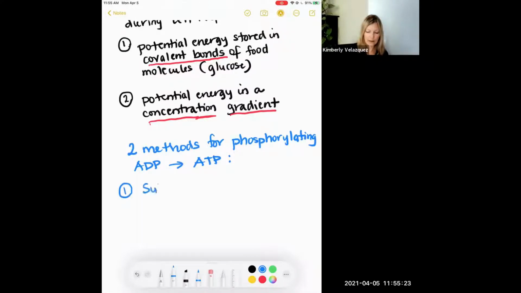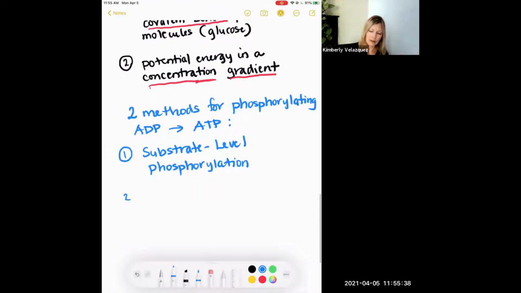One is called substrate level phosphorylation. And the other is called oxidative phosphorylation.